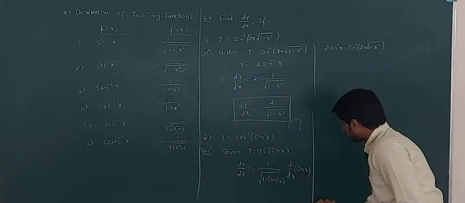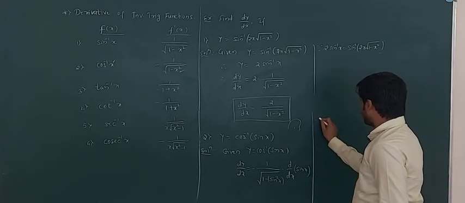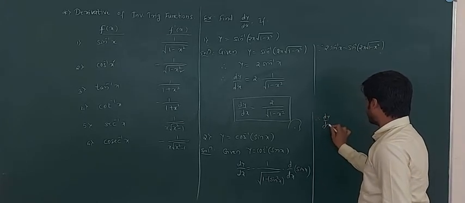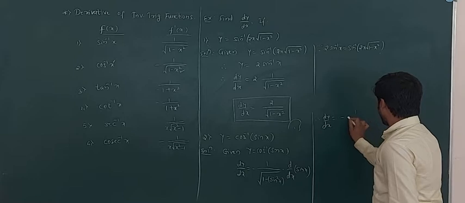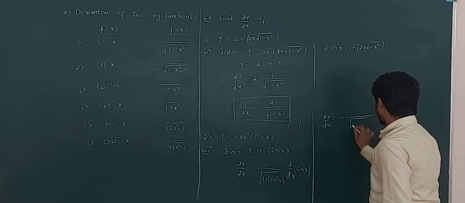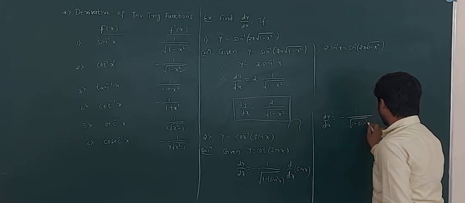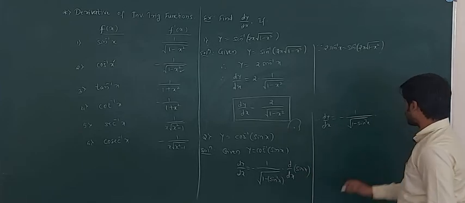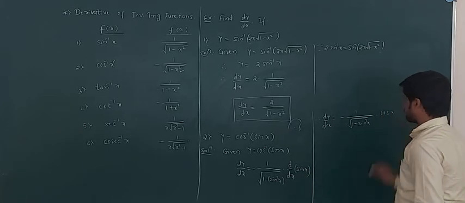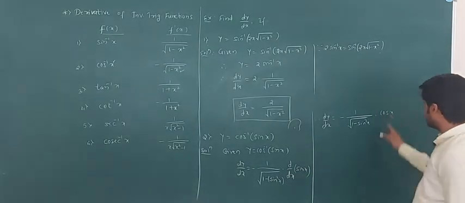So dy by dx is equal to minus 1 upon square root of 1 minus sin square x into the differentiation of sin x, which is cos x.